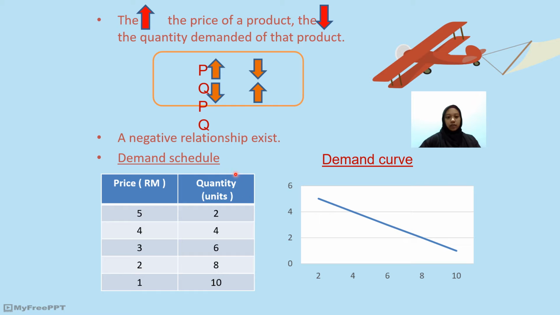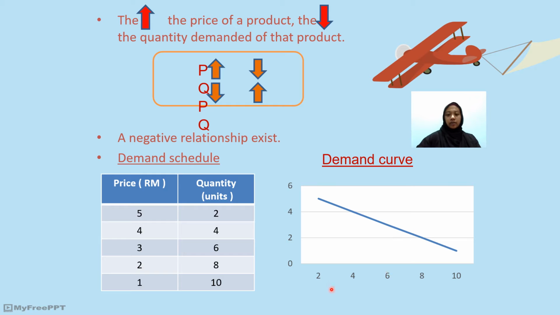We can prove that by looking at this table. We can see that the price of a product decreases while the quantity demanded of that product increases. This is shown in the demand curve.